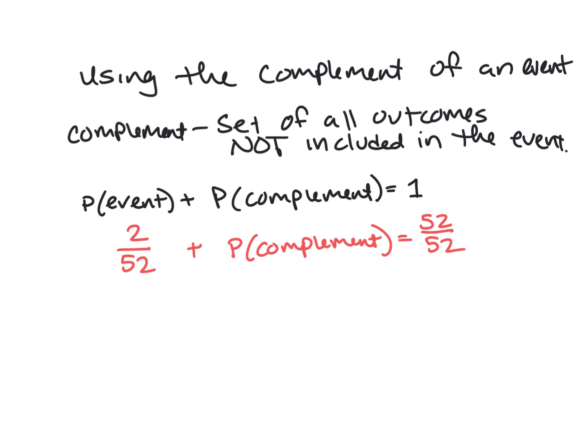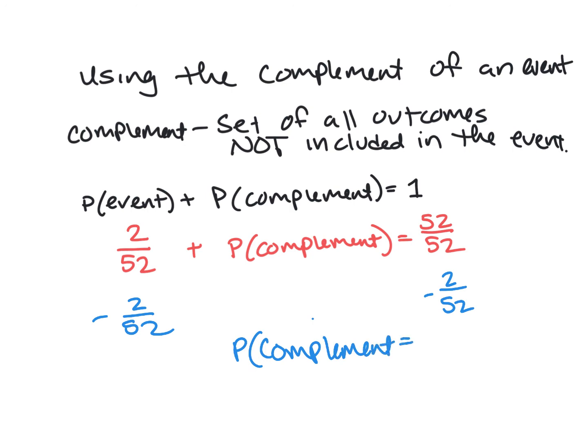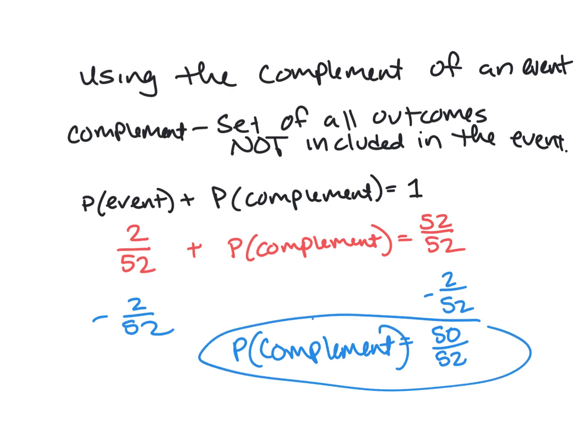Well, if I wanted to know the complement, because it's the not happening, I could use inverse operations to isolate my variable, in this case, the probability of the complement. And I'm left with that. 52 minus 2 is 50. Out of 52, I have a 50 out of 52 chance that I am not going to pull the jack. So it's just the opposite.